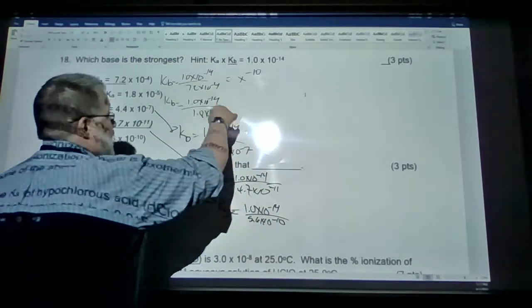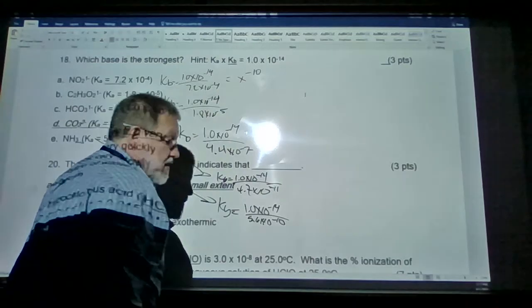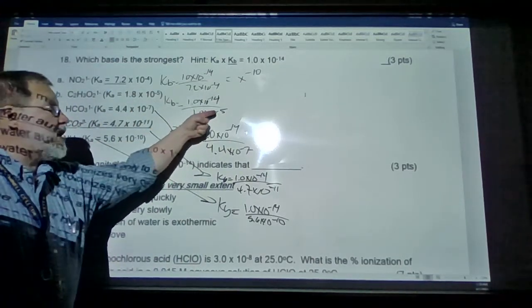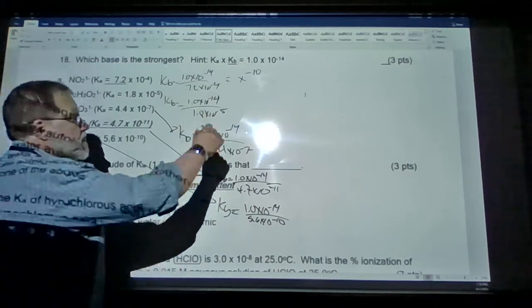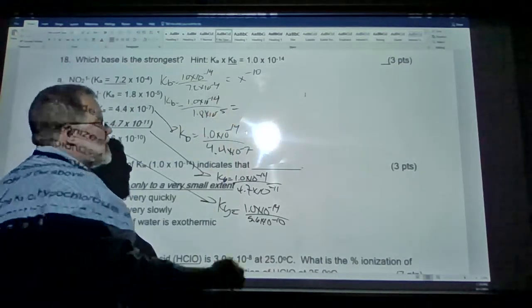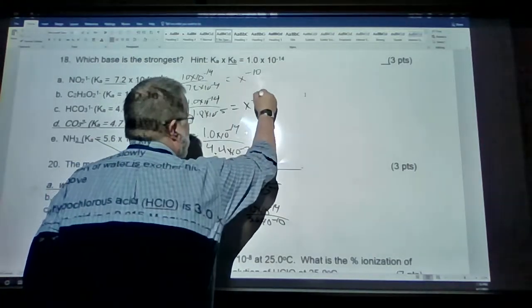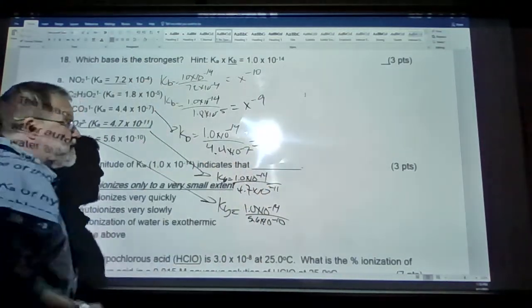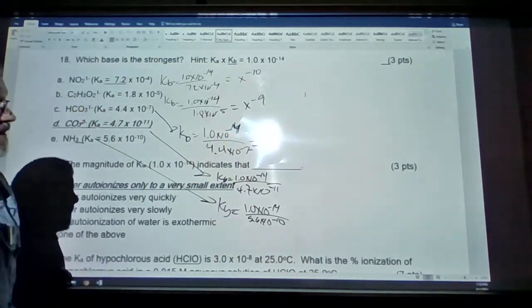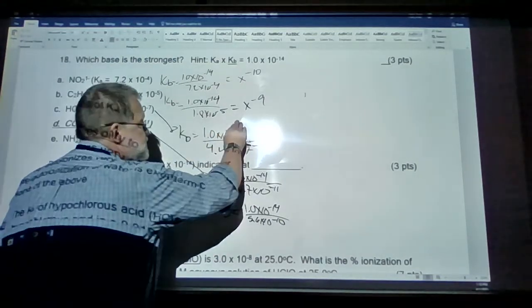Kb, again, how we handle numbers with exponents, we subtract when we're dividing them, we subtract the bottom number from the top. So a 14 minus a minus 5, or minus 14 plus 5, is times 10 to the minus 9th.